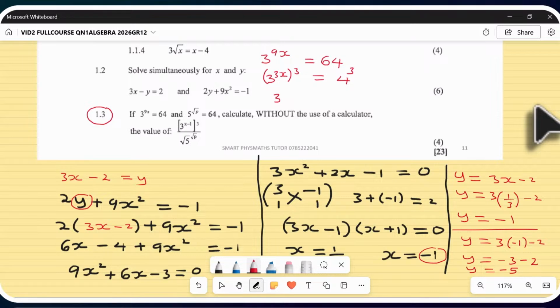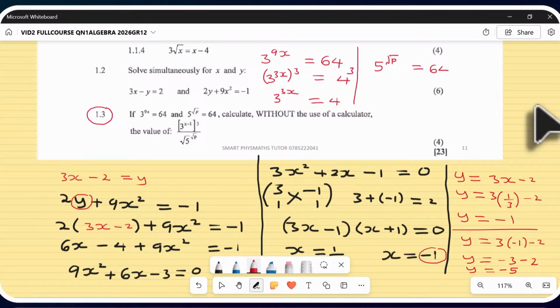So if I take the roots on both sides, it means that the root of the 5 together with the root of p should give me 8, right guys?